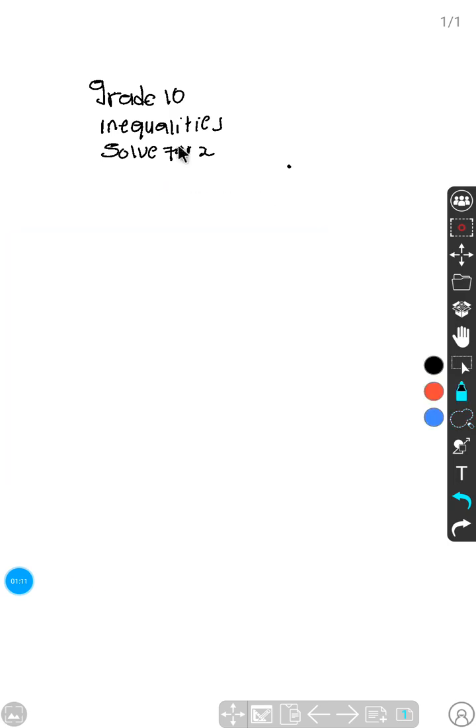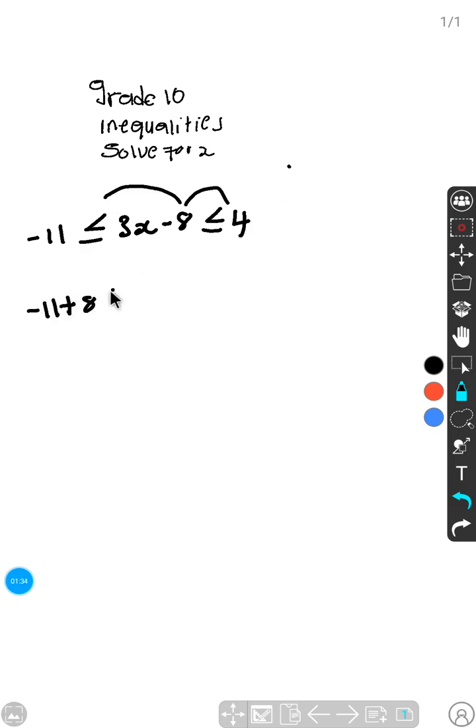Our second question, we have minus 11 less than 3x minus 8 less than 4. Okay, so what we do here, we're going to take the 8 this side and this side, change the sign. So we're going to have minus 11 plus 8 less than 3x, which is less than 4 plus 8.